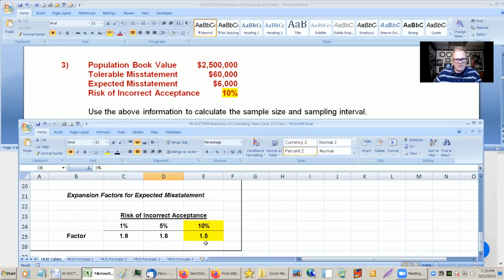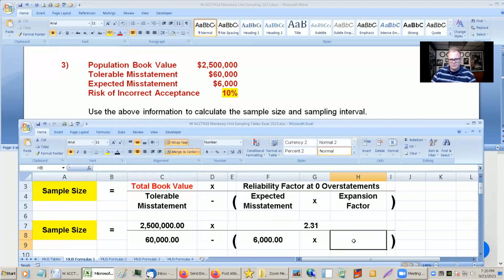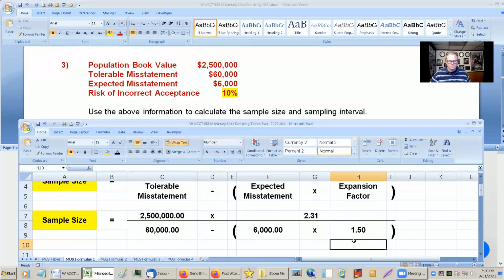So the expansion factor is going to be 1.5, and that is here. If we solve for this, this will be our sample size.